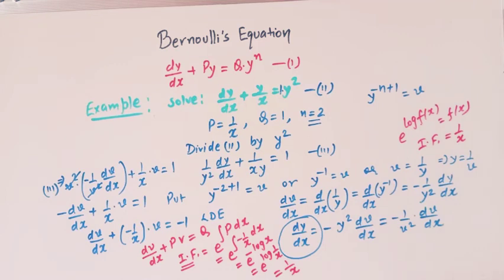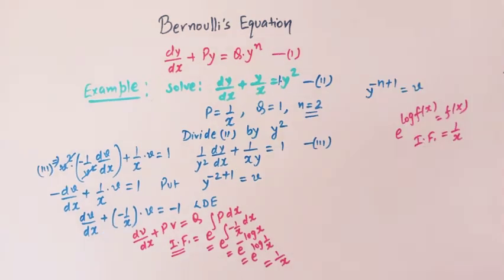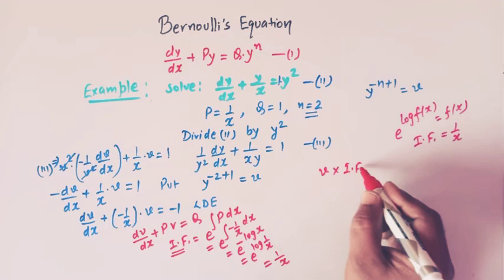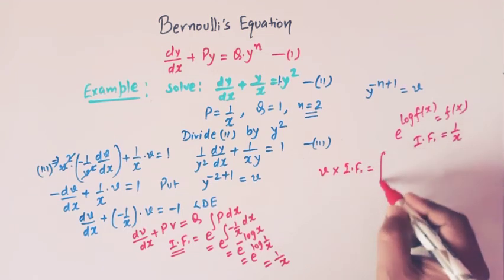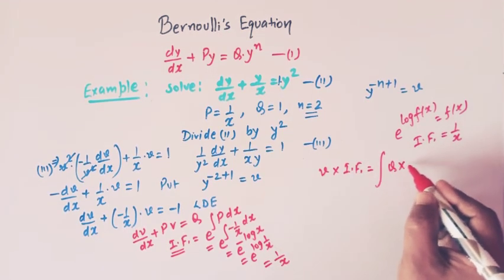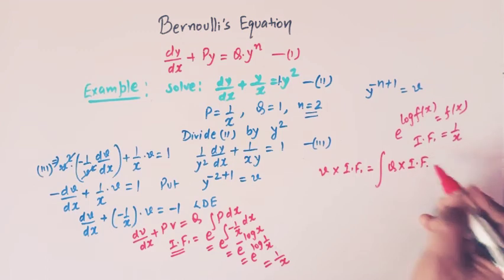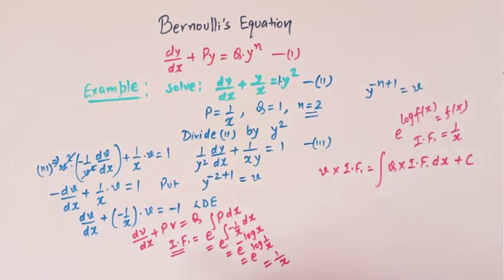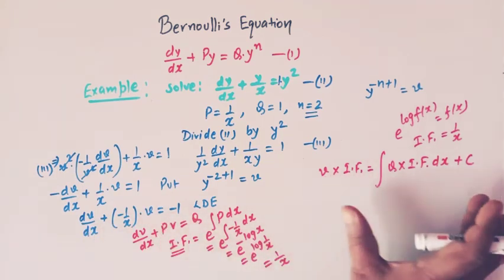Now the solution of this equation can be written as v times integrating factor is equal to integral of q times integrating factor dx plus c, right? So the solution of this differential equation can now be written like this.